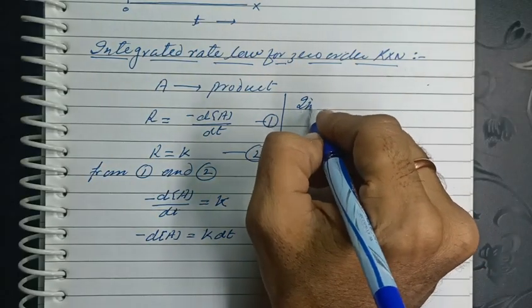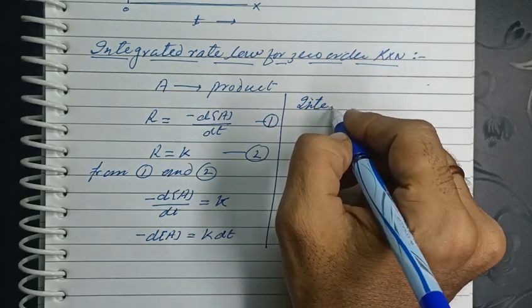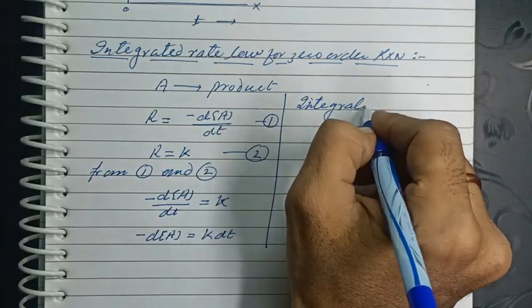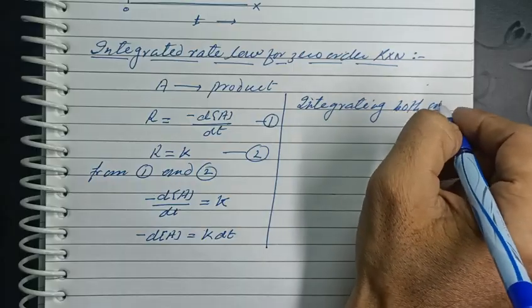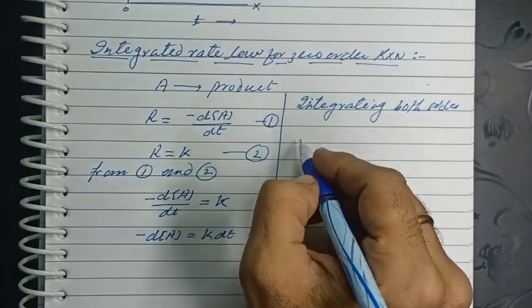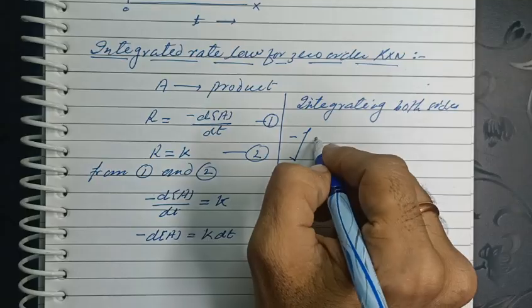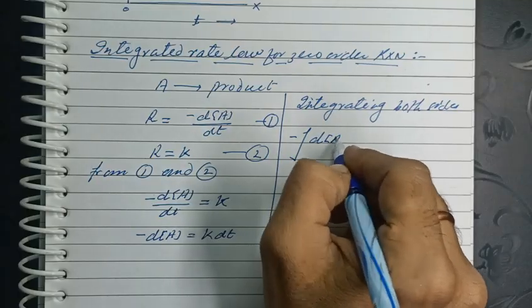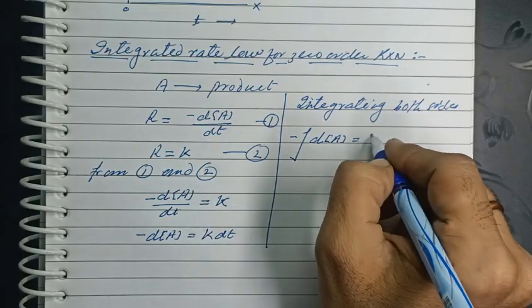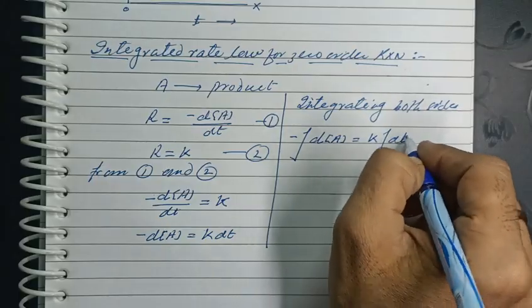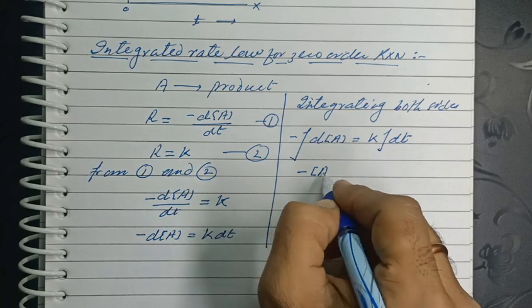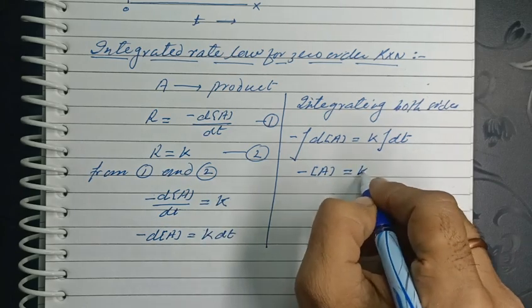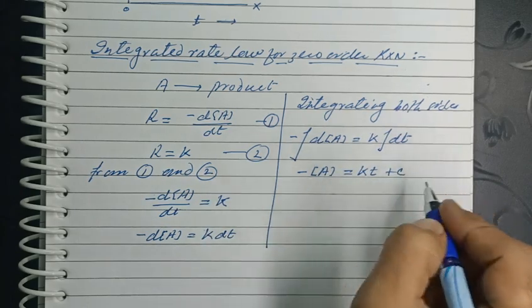Integrating both sides, minus integration dA is equal to K integration dt. On integration it becomes minus A is equal to Kt plus some constant C.